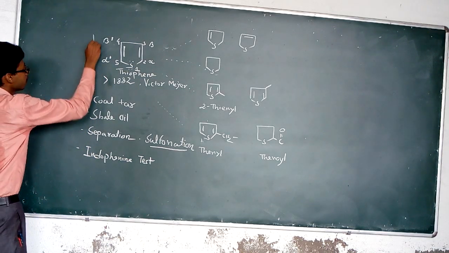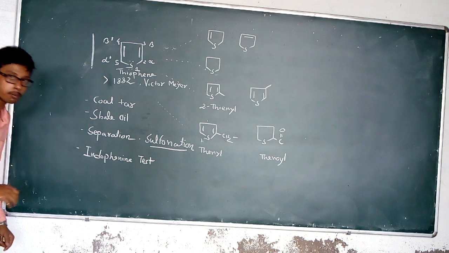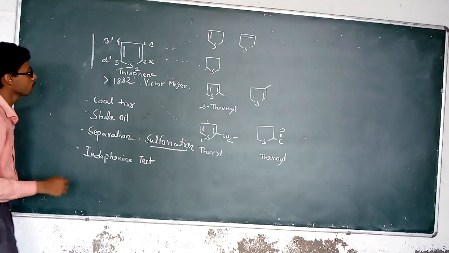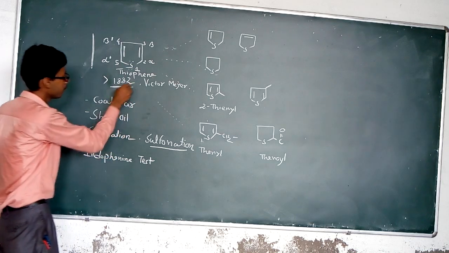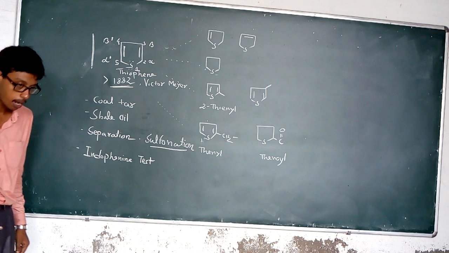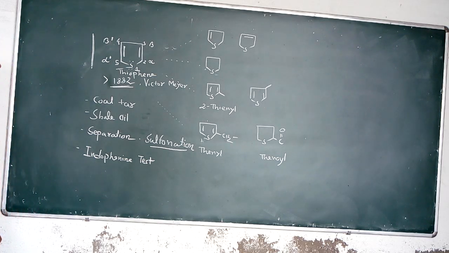This numbering system is applicable in the same way as for pyrrole and furan. Pyrrole was first isolated in 1882 by the scientist Victor Meyer, and various trivial names are present in the case of thiophene.